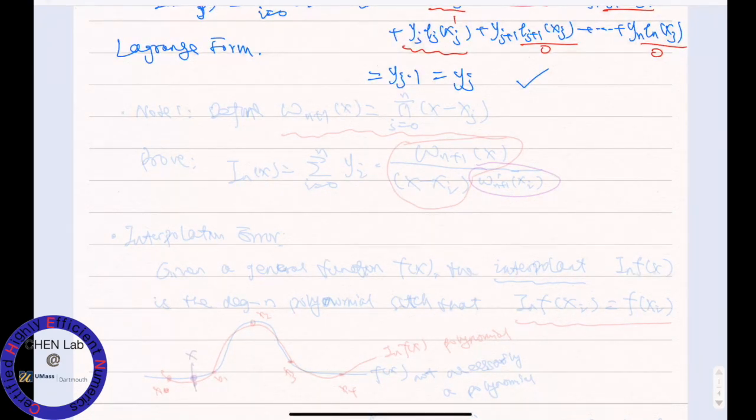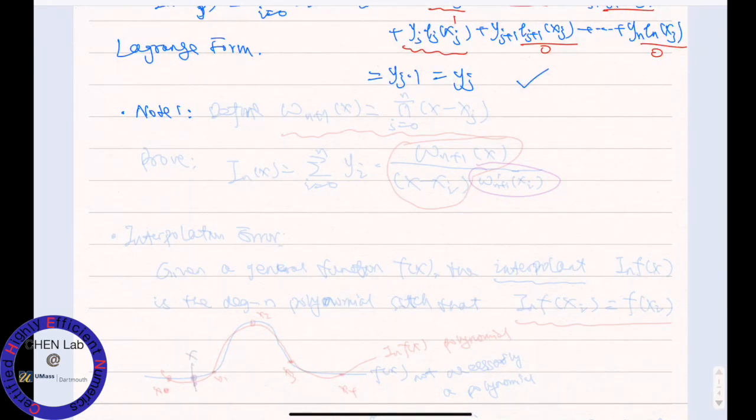And a note is that, look at the definition of Li, right? Li is that guy, x minus everybody else, divided by the same thing where I evaluate the numerator at xi.